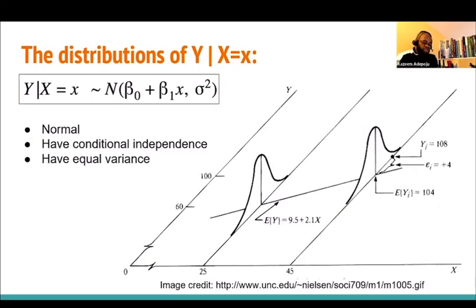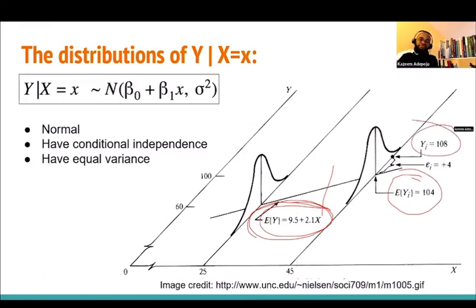And of course, the diagram that I'm showing you right now just indicates that this is my mean, the deterministic part, the expected value of y. This guy here is the expected value of the response given predictor x. But if y equal to 108, if you take a look at what I have there, this is shifted to the right.